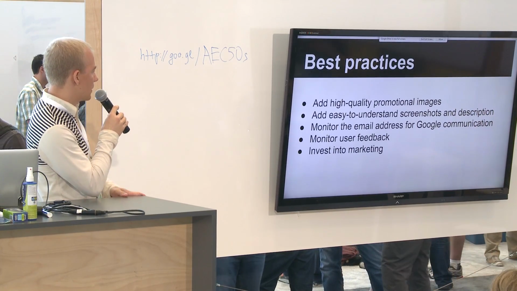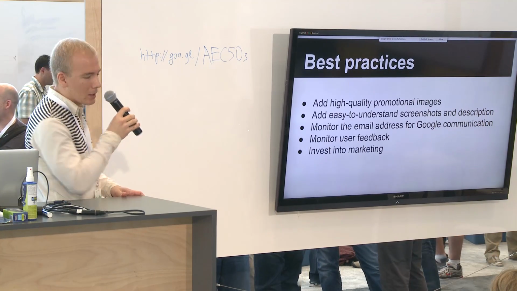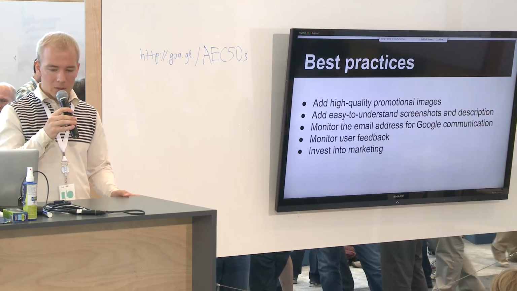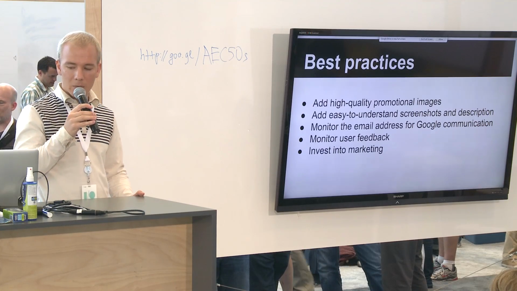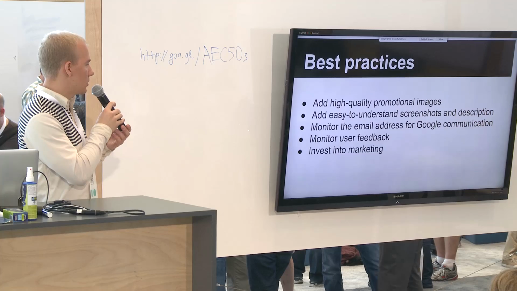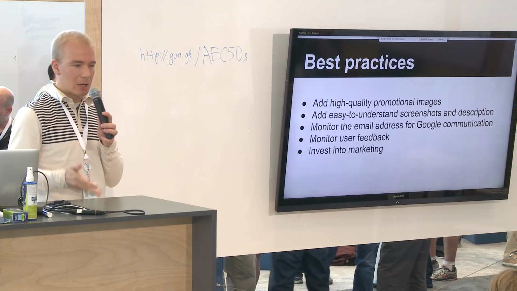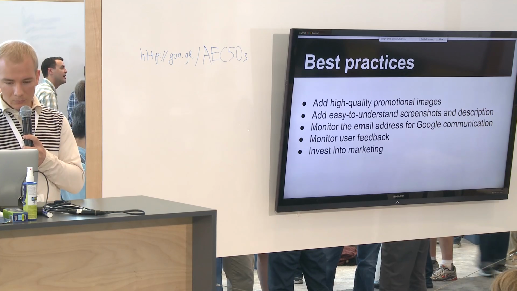It's good to monitor the user feedback, and there are tools for that in Web Store. It's also good to localize to multiple languages if you target users in other languages as well. And invest into your own marketing, and then if you have a good app, the chances will be higher that the Google merchandising team will notice your app and make it even more popular.